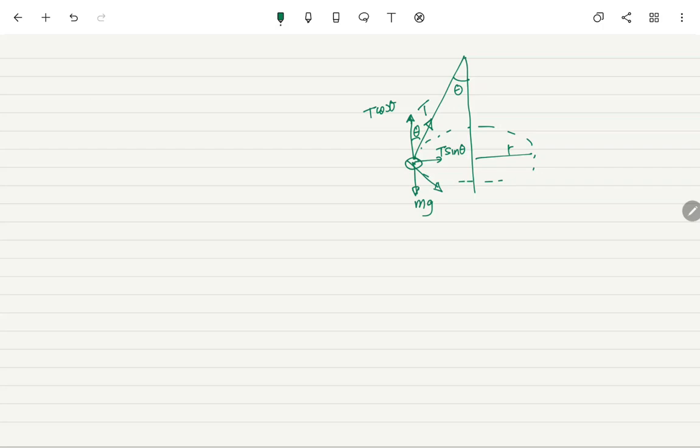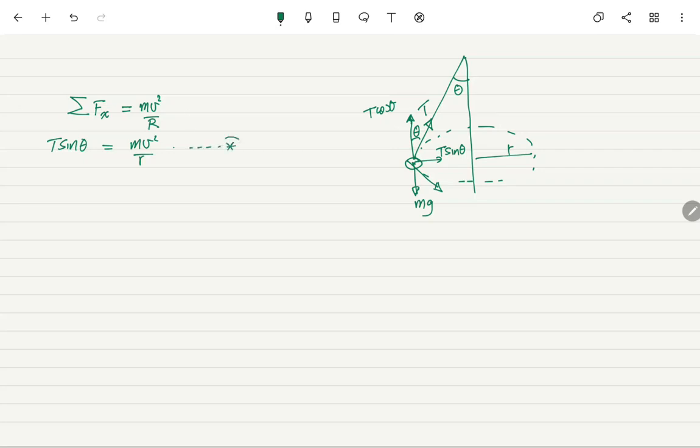Now sum of all forces on x equal to mv square over r. This is x here, it's T sine theta equal to mv square over r, where r is r small, like in this one here. This is the first equation.